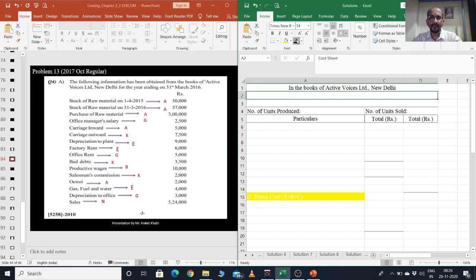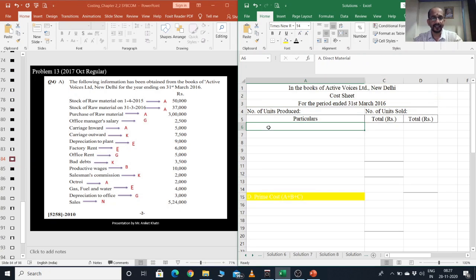Next is cost sheet, and next the period is given, so we'll write the period. As per our format, number of units produced and number of units sold we are going to write, but we are keeping it blank. There are three columns: particulars, total rupees and total rupees. So first A we need to write, right? That is direct material.